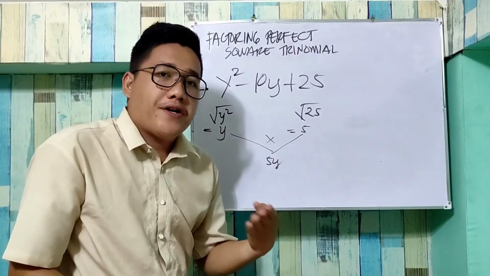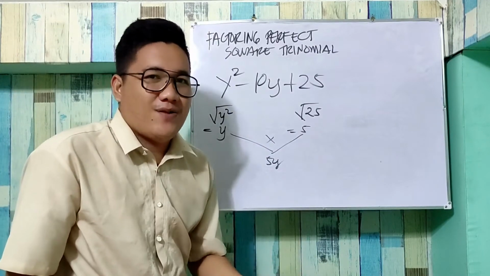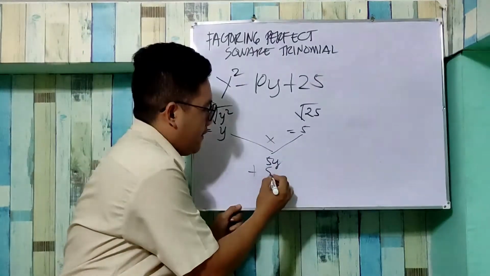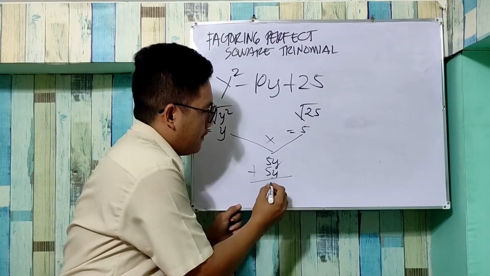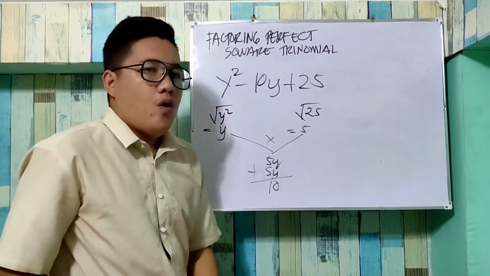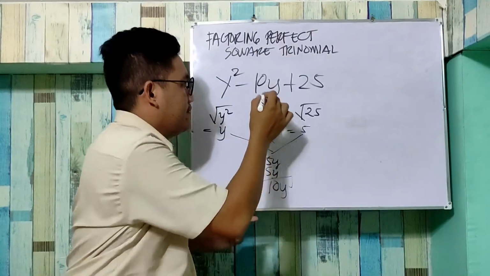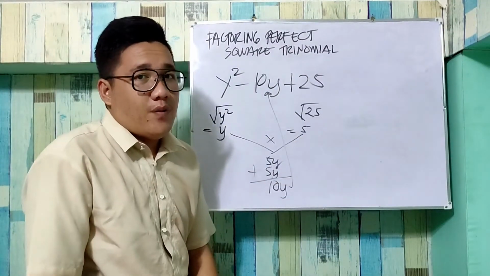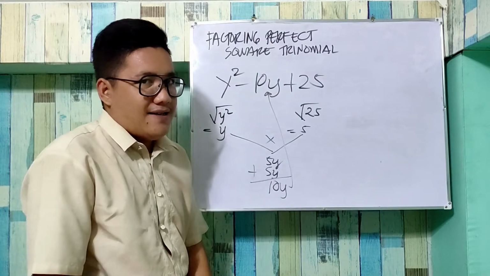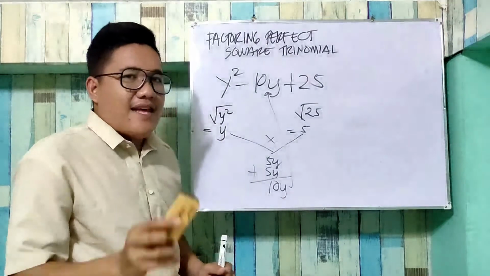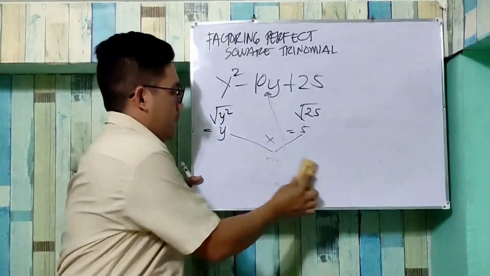Let us double or multiply it with 2. We have 10y. So, meaning to say, that is a perfect square trinomial. So, let us now factor.